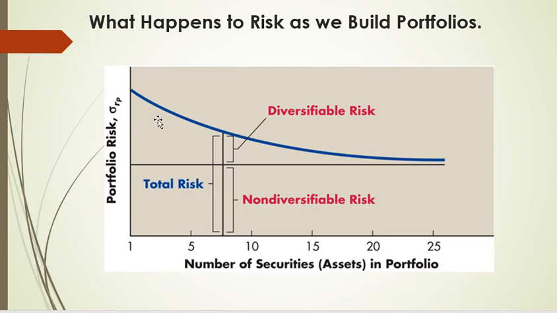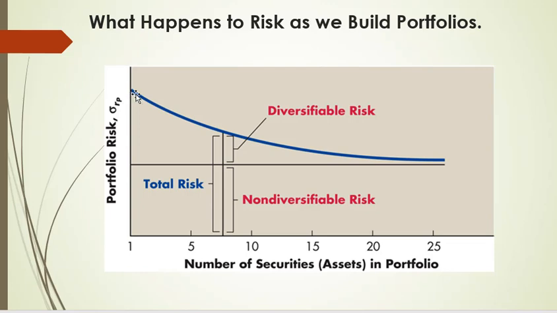They randomly picked 2 stocks, made an equally weighted portfolio, and calculated the risk. Imagine they did this 3,000 times randomly and came up with an average number.